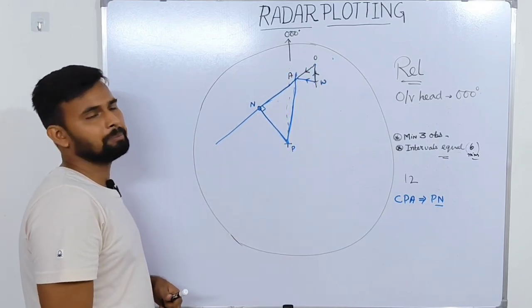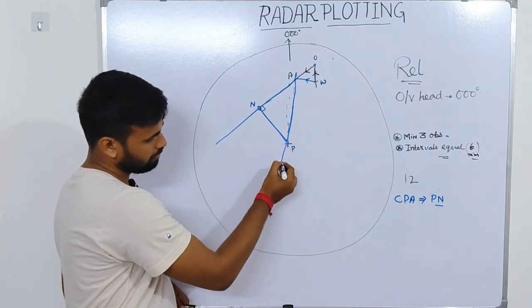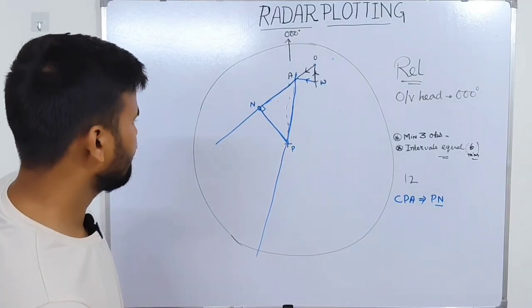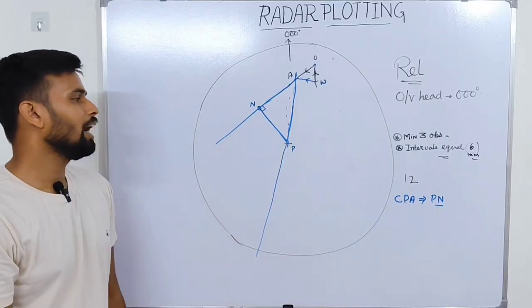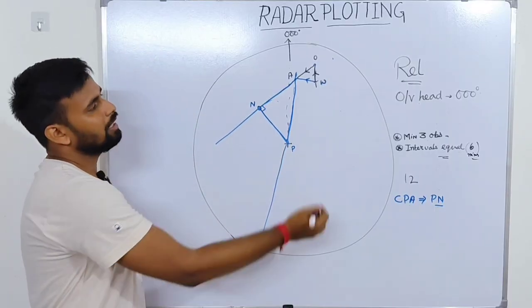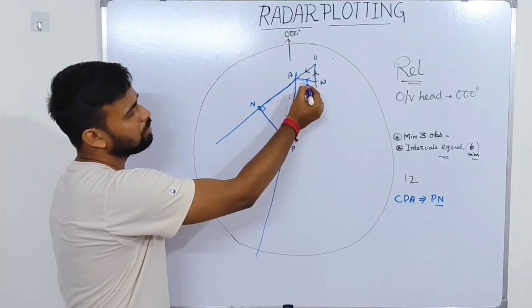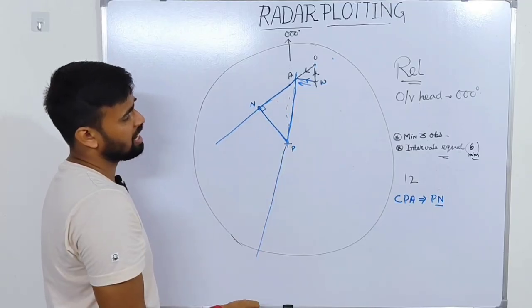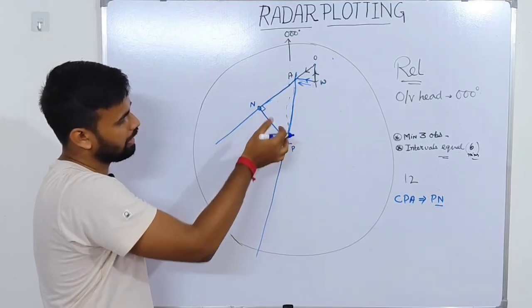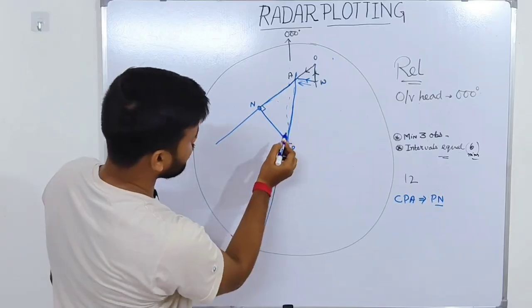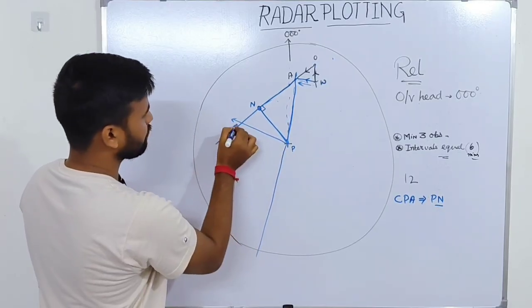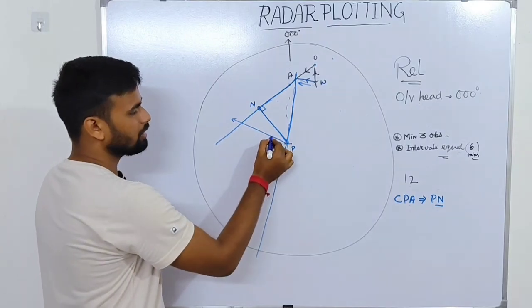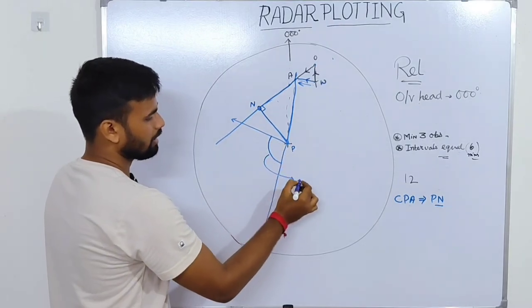And we do the reverse bearing. So the reverse bearing will be this one, right? Hope this line is straight. So this is the reverse bearing, and this is the true approach of the target vessel, we place it over here. So it's kind of this one. So this is the aspect.